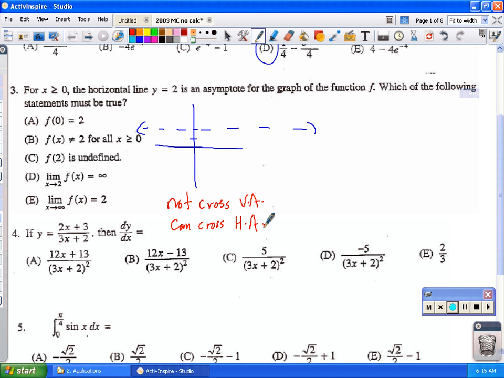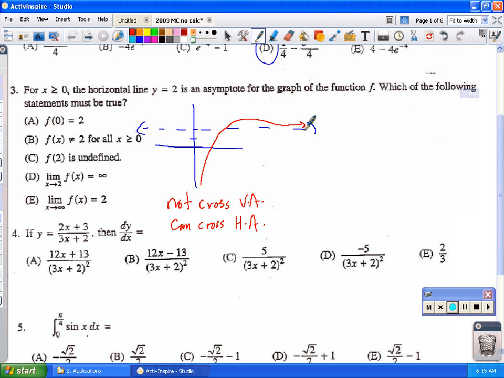In other words, this function could at some point cross the horizontal asymptote, but the guarantee is that as x approaches infinity, the function will approach its horizontal asymptote, but again, it can cross the horizontal asymptote.